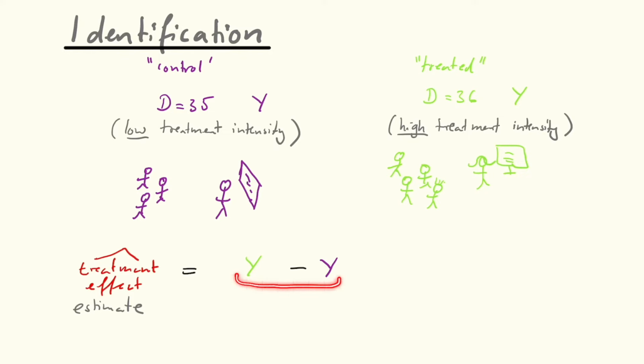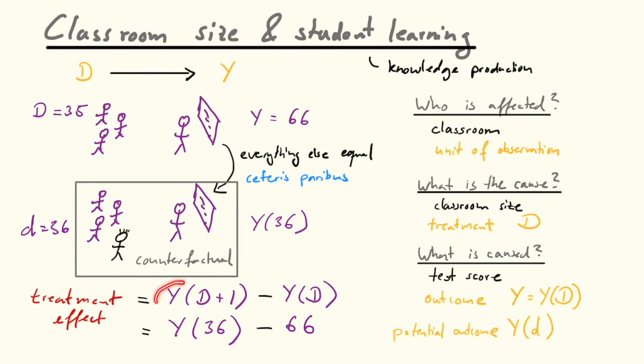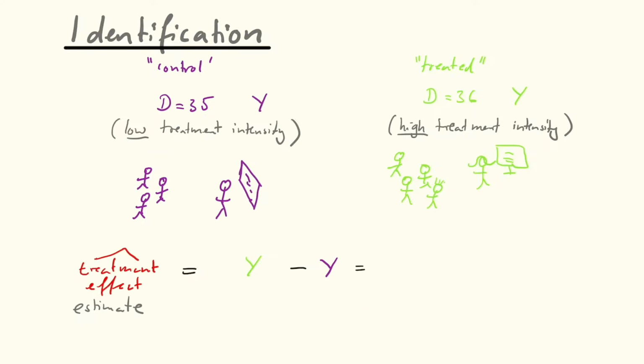To check whether this is really estimating the treatment effect, let's make it look a little more like our definition of the treatment effect. That is, let's make it look more like this. The treated outcome is the potential outcome at a class size of 36.